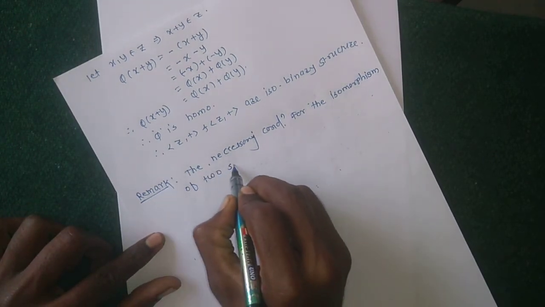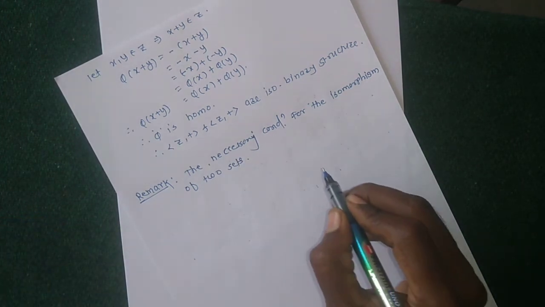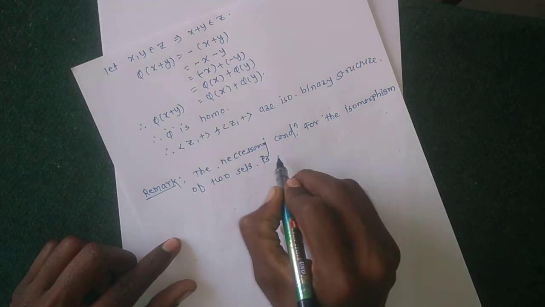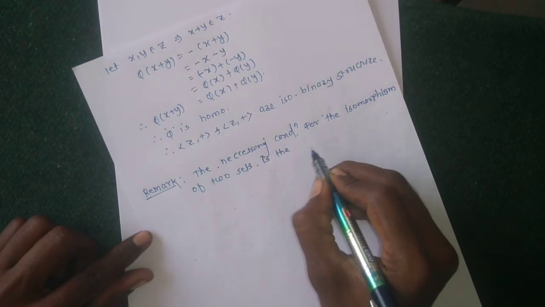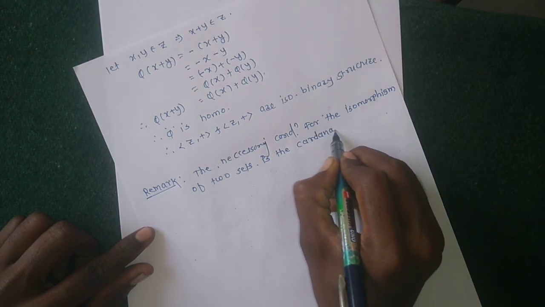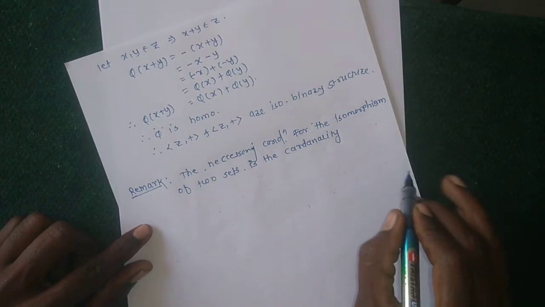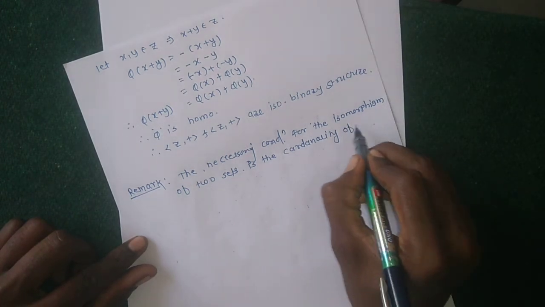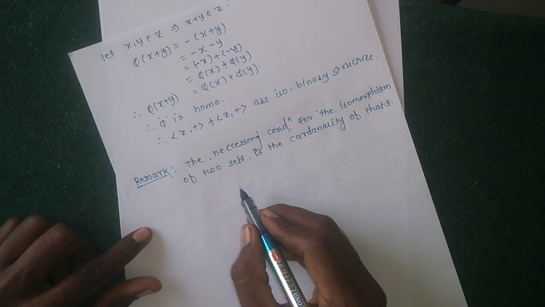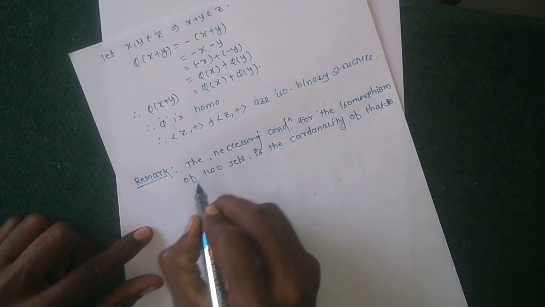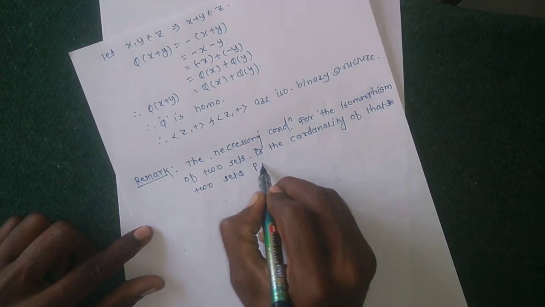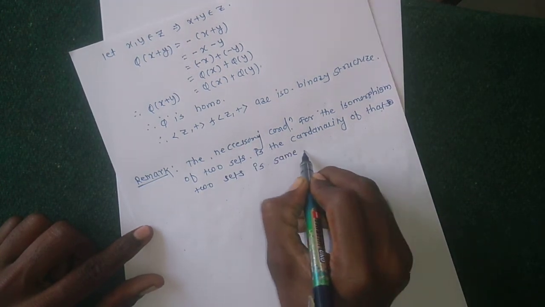of two sets is that the cardinality of those two sets is the same.